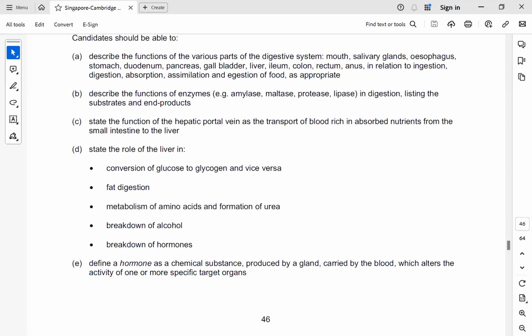Glucagon versus glycogen, they are different. Glycogen is a complex carbohydrate, which you should learn in the nutrients chapter.